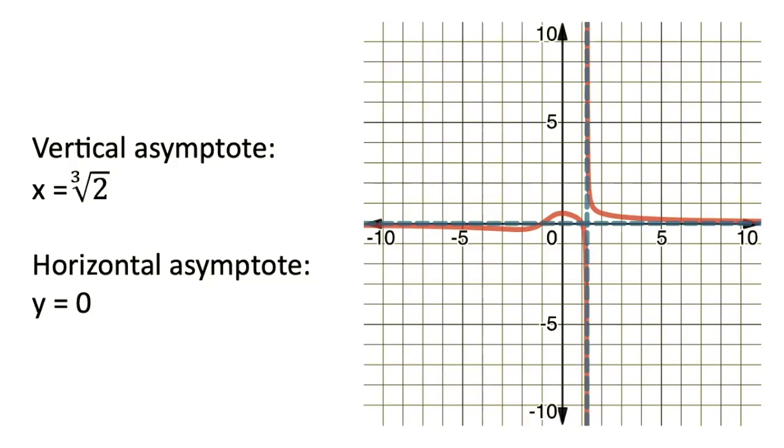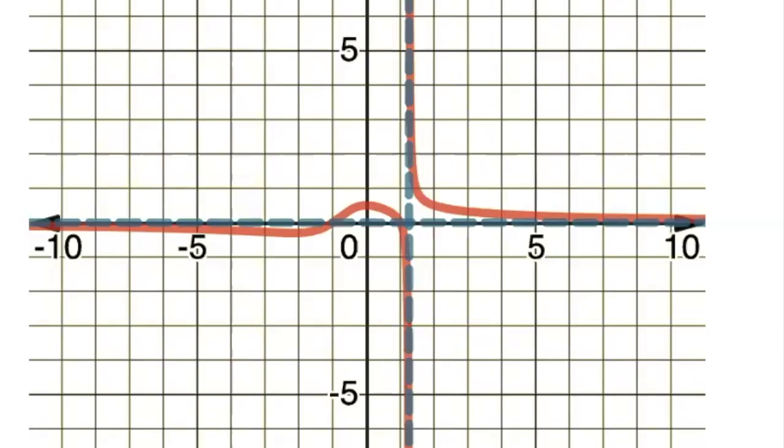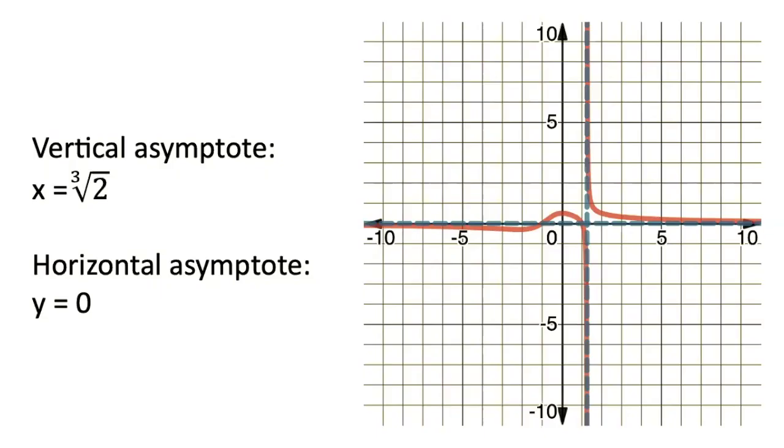And it has a horizontal asymptote at y equals 0, which is the x-axis. And notice in this particular case, you can see that the function does cross the horizontal asymptote right in the center of the graph. However, out to the ends, you can see it's just approaching that asymptote. It will not touch or cross it out at the ends of the graph.